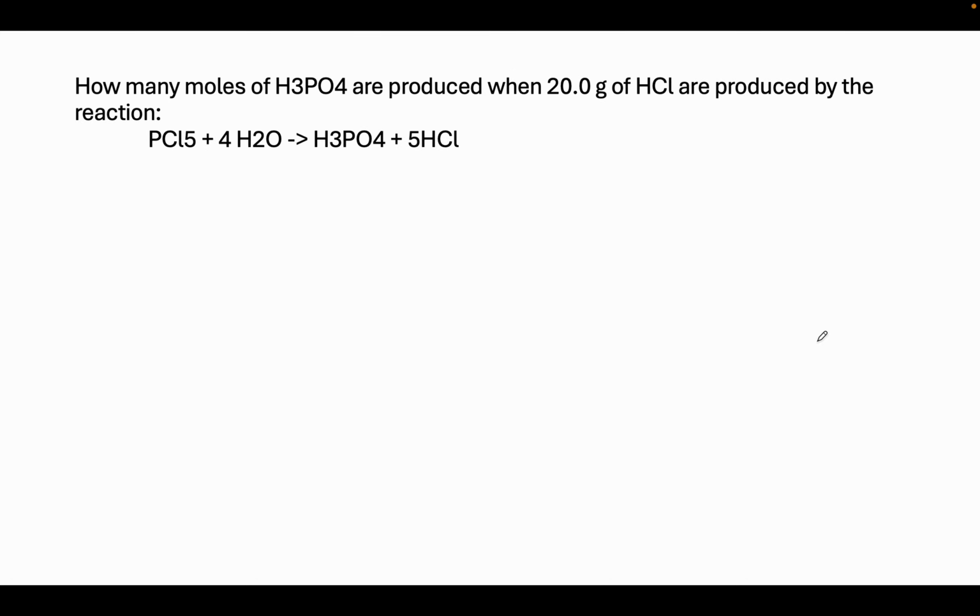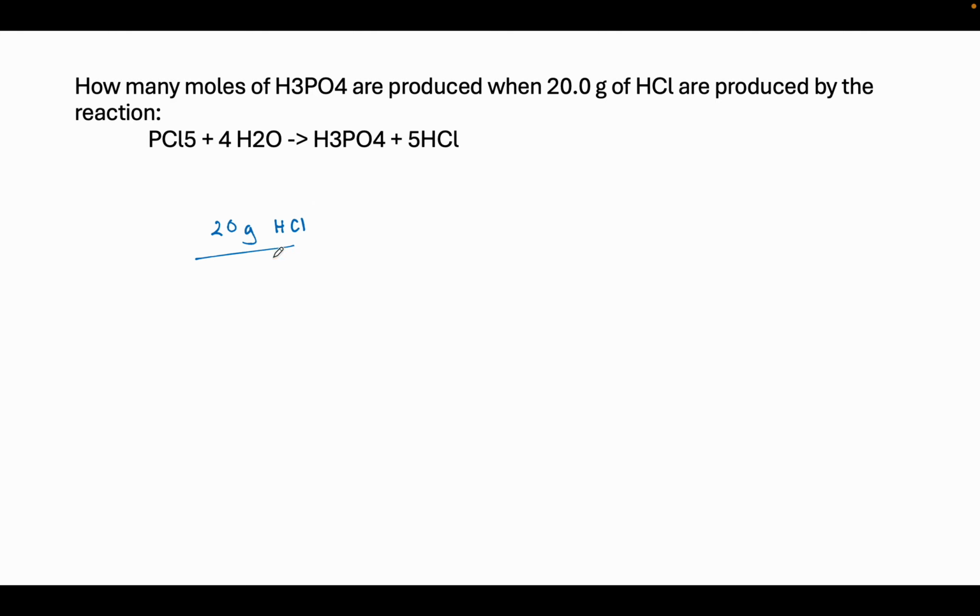How many moles of H3PO4 are produced when 20.0 grams of HCl are produced by the reaction PCl5 plus 4H2O produces H3PO4 plus 5HCl. So same thing. We start off with the 20 grams of HCl.